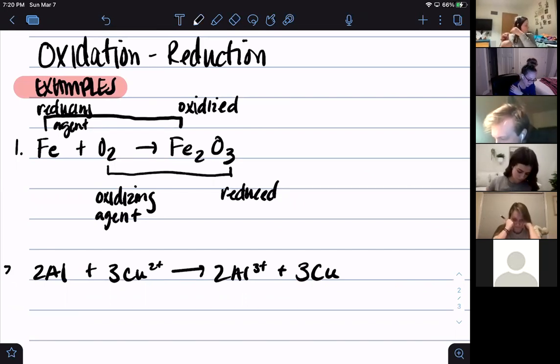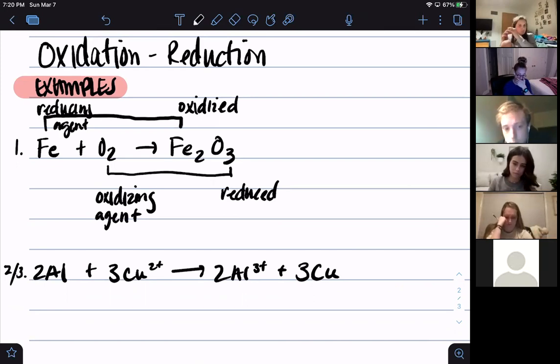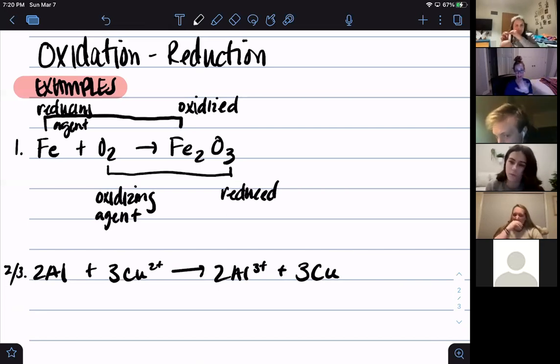I'm going to mark this as 2 and 3, because depending on how you look at it, it could be either way. Okay. What do you first know is not happening, is not visible here? What's not present? Yeah, exactly.